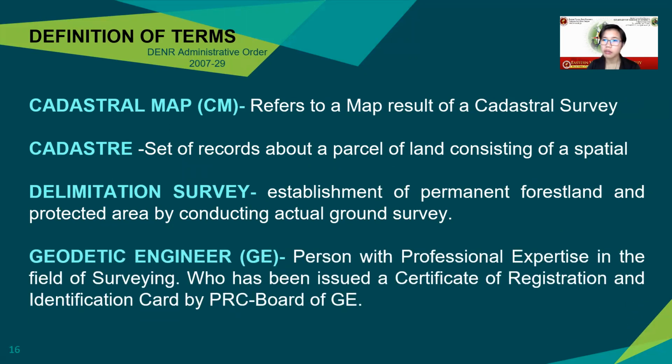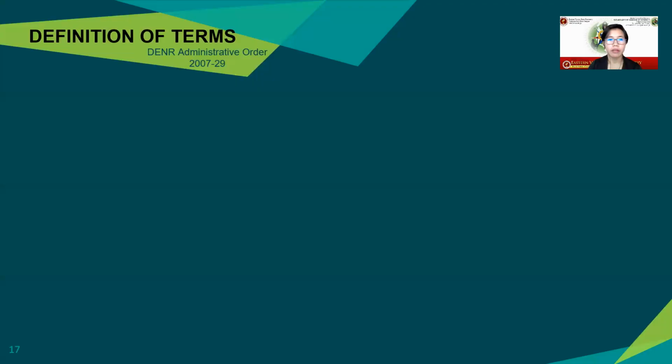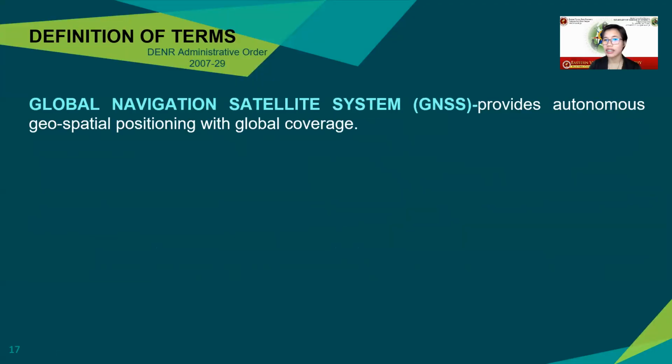Geodetic engineer: who is the GE? The GE is a person with professional expertise in the field of surveying who has been issued a certificate of registration and an identification card by the PRC Board of Geodetic Engineering. We also have GNSS, which provides autonomous geospatial positioning with global coverage and uses a satellite system.